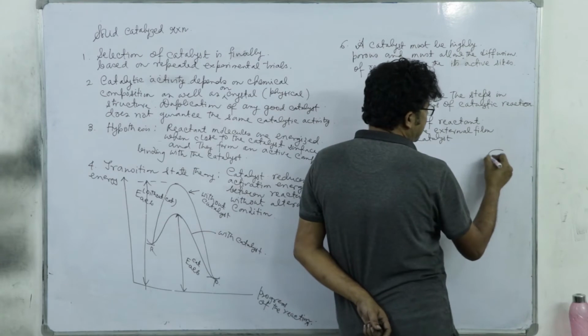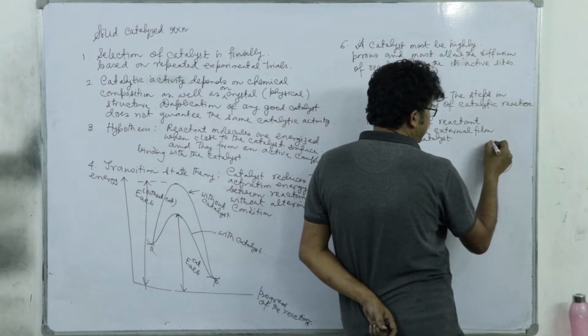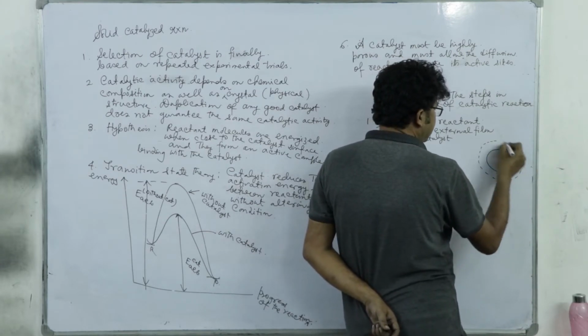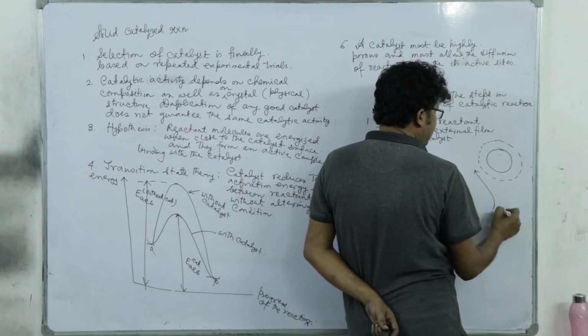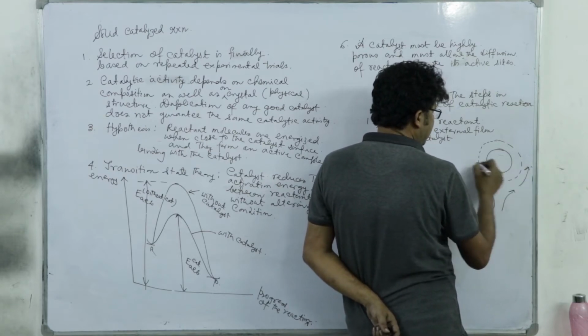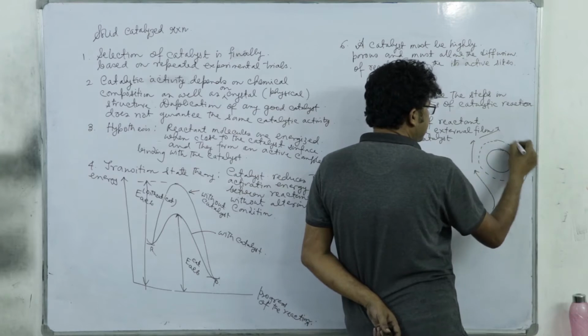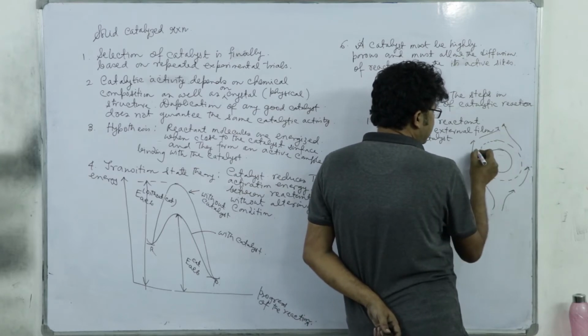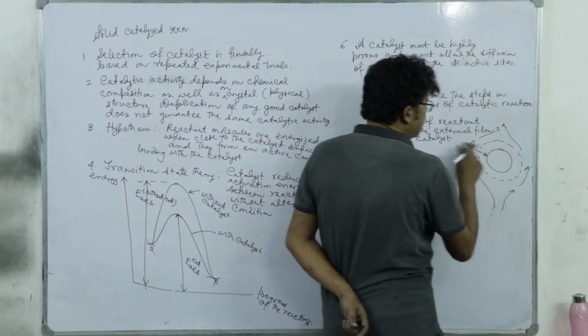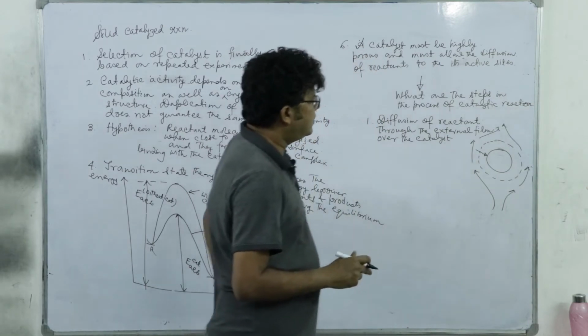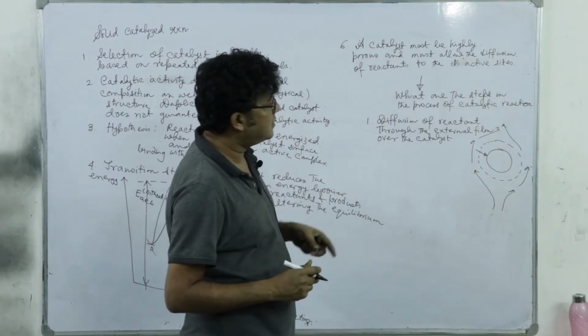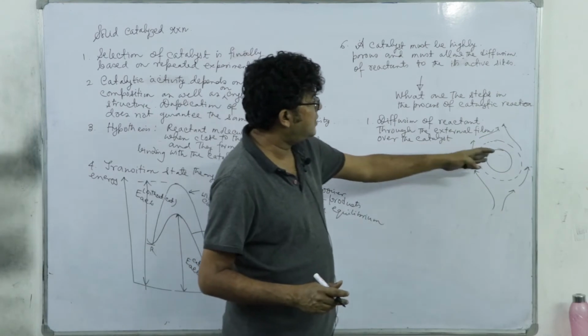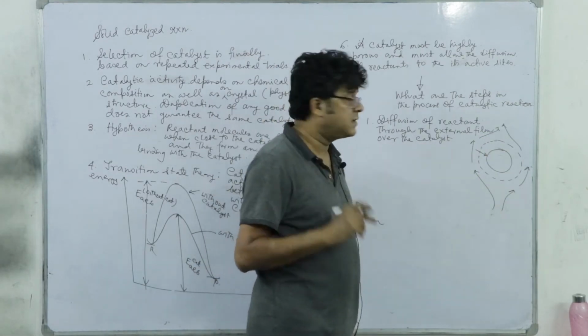Like if you have the catalyst particle like this, there will be an external film and you have the bulk gas or bulk liquid flowing like this. So, this pathway, through the film, by which the reactants diffuse from the bulk to the external surface of the catalyst is the first step.